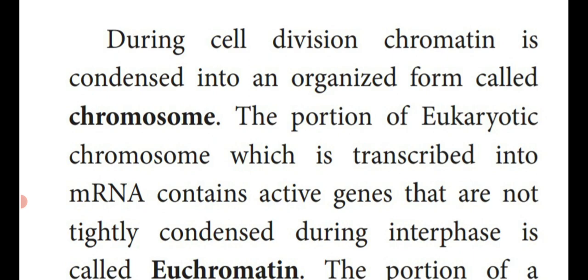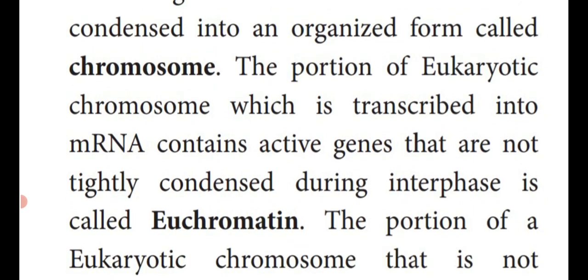The portion of the eukaryotic chromosome which is transcribed into mRNA, that is messenger RNA, and contains active genes that are not tightly condensed during interphase is called euchromatin. That means in the eukaryotic cell, the chromatin reticulum is condensed to form an organized structure known as chromosome, which is transcribed into mRNA and contains active genes.